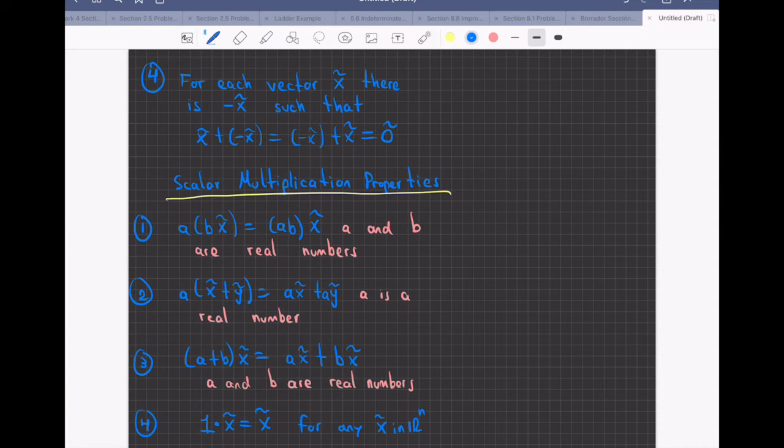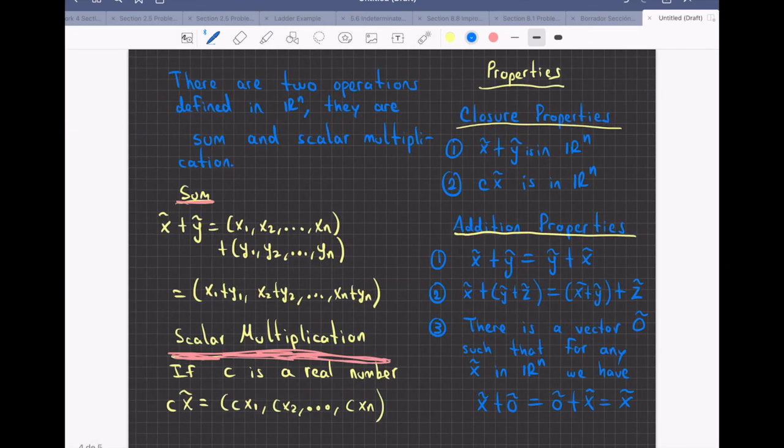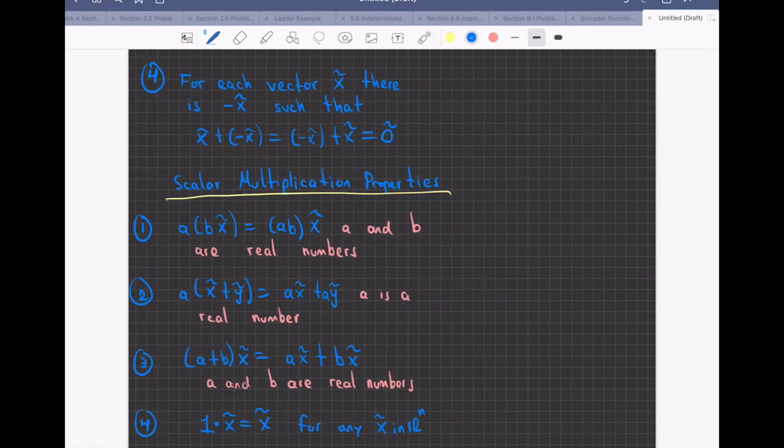So with these properties, 1, 2, 1, 2, 3, 4, with these 10 properties, Rn forms a vector space.